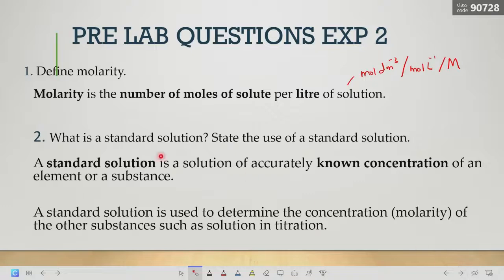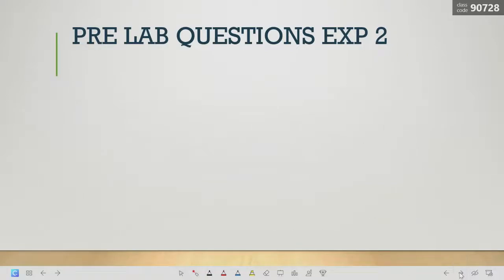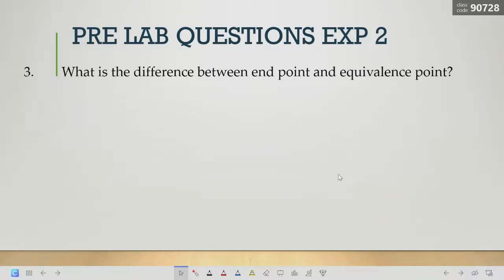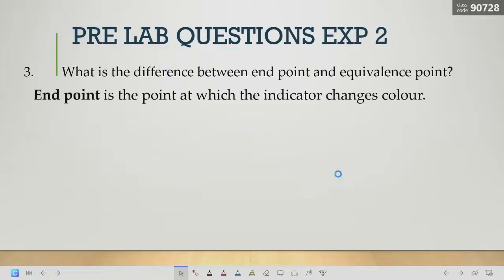Okay, so we go further to the next question. I will discuss a bit more about the standard solution. What's the difference between the endpoint and equivalence point? The endpoint is the point at which the indicator changes color.